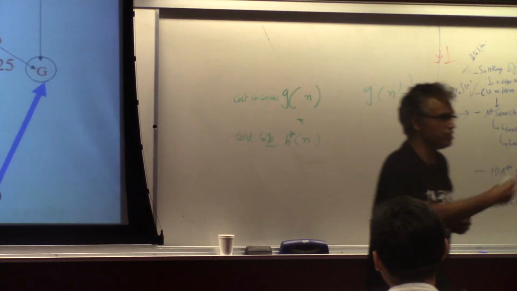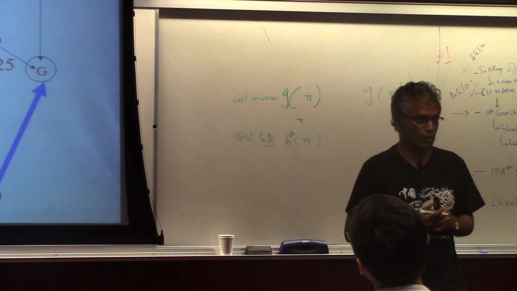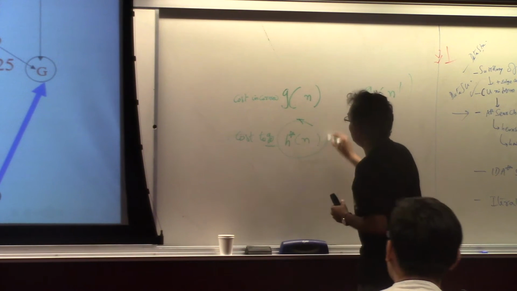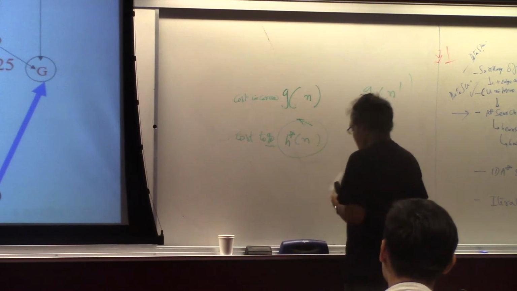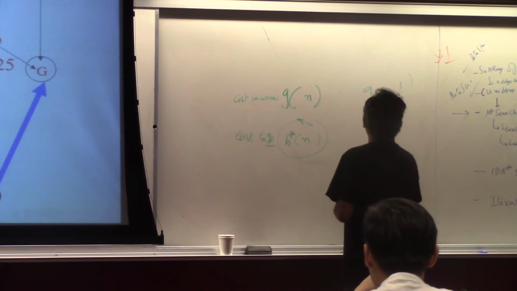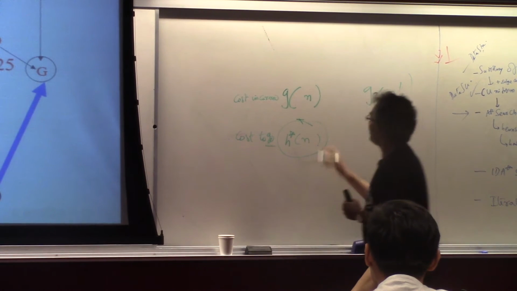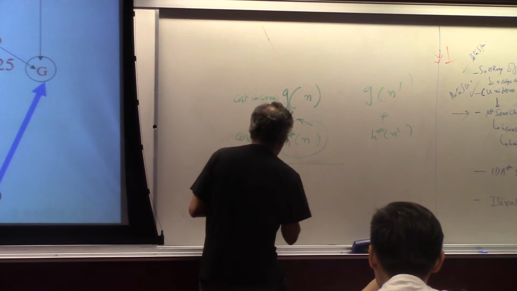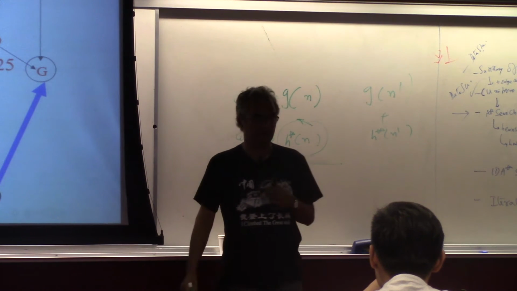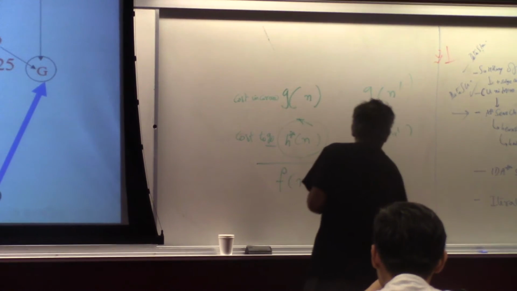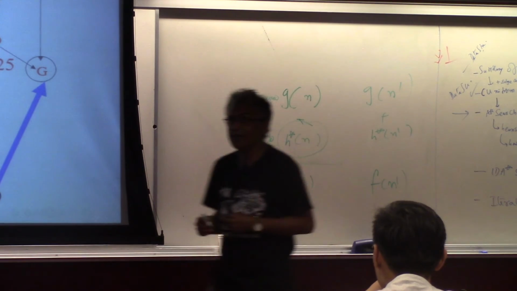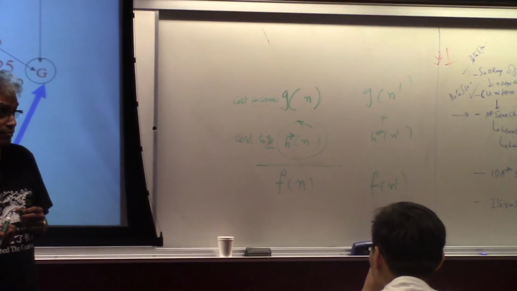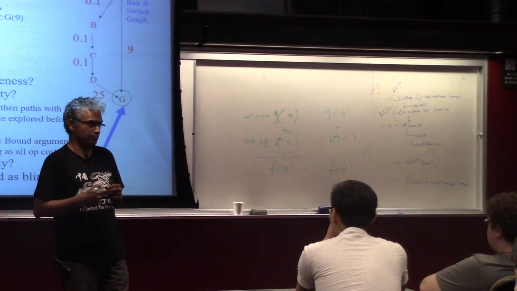Cost to go. How much cost you still have to incur to reach the goal? If I give you h*(n), then I can compare this sum to this sum, I will call this to be f. If I compare f(n) and f(n'), and if I do the queue in terms of the f values, then I can do much better.